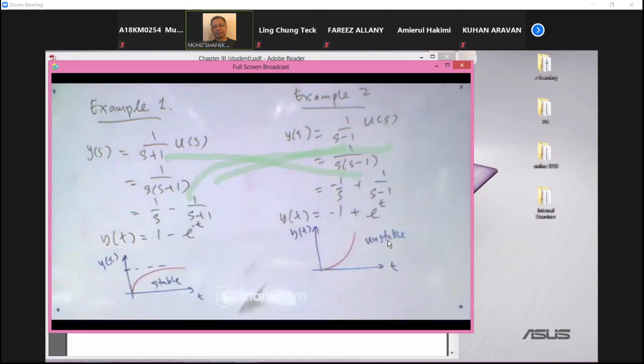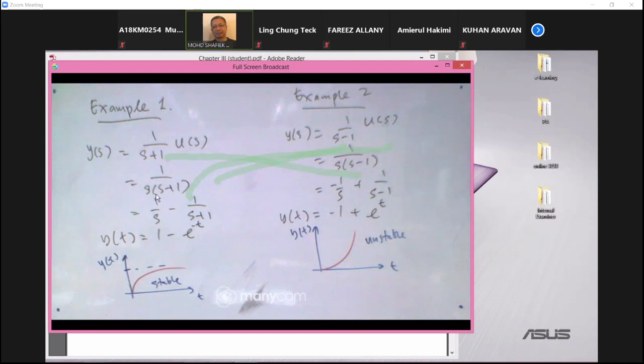So what exactly makes the system unstable mathematically? You can see that the system becomes unstable if only one of the terms approaches infinity, which depends on the sign of the roots of the denominator here. If you have a positive root, then the system is going to be unstable.